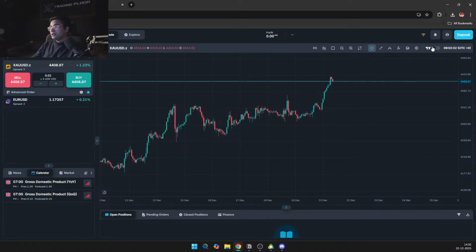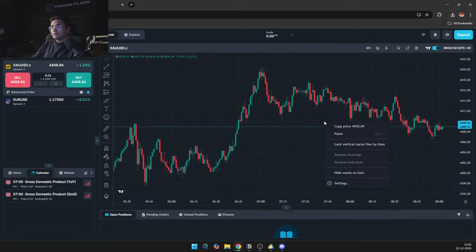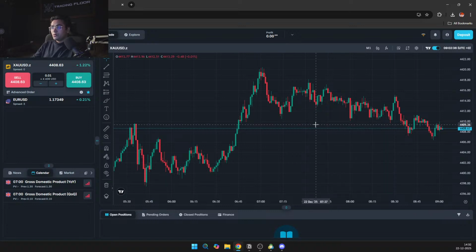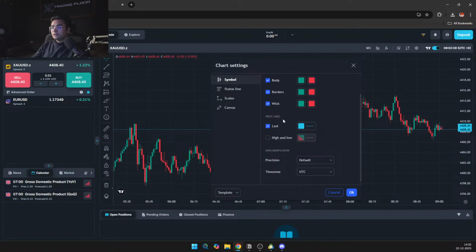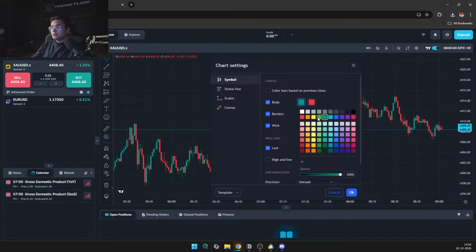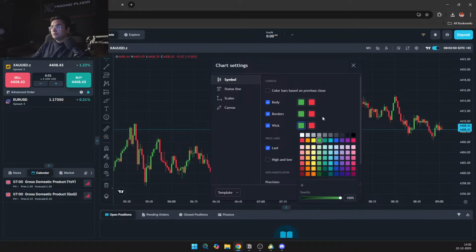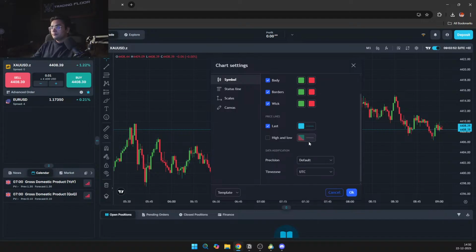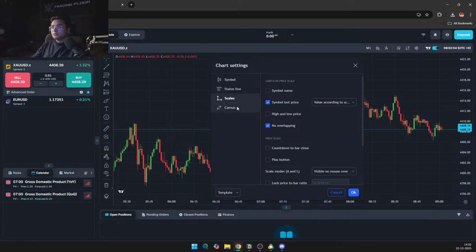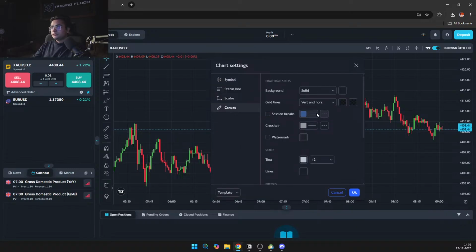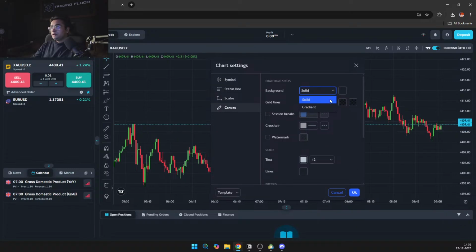Okay. So let me open the TradingView settings here so I can customize my chart the way I want. Go to settings. Okay, I think color and everything is good. I don't think I need to change this. Highs and lows, status line, scale, canvas, we don't need any of that.